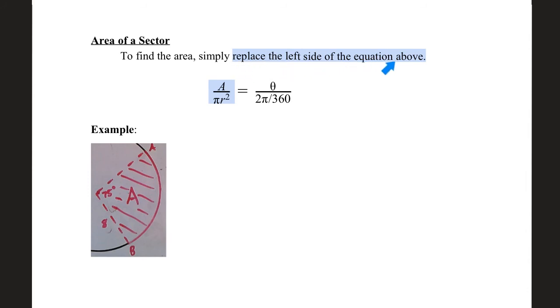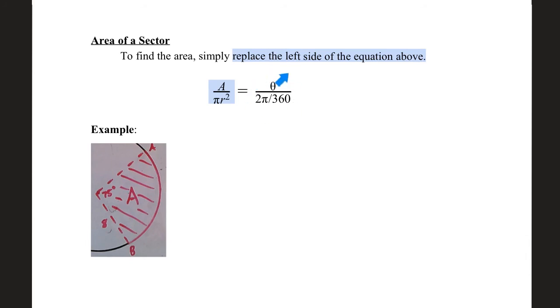We replace the left-hand side of the equation so that we talk about area of a circle and a sector instead of the arc length. This time we want the area of this sector here, and then on the bottom, we want the area of the entire circle. So that's why we have A over pi r squared, because pi r squared is obviously the formula for area of a circle.